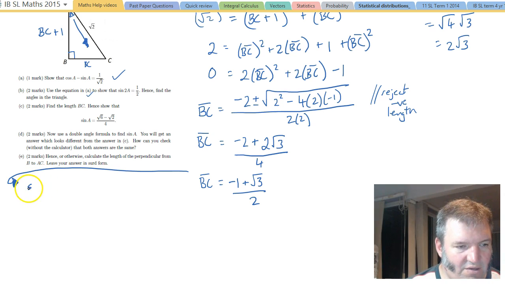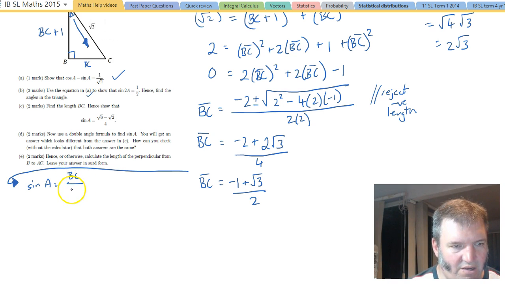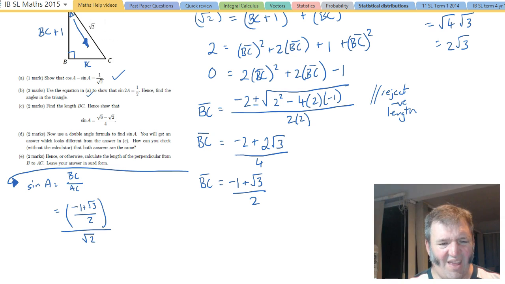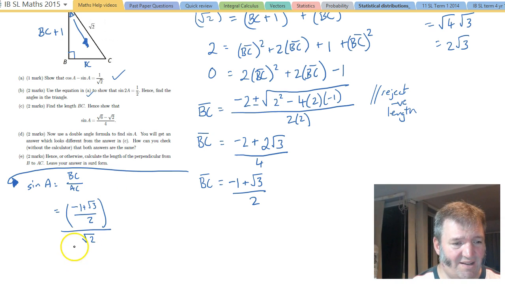Alright, so here we go. The sine of A equals the opposite side, which is BC, divided by the hypotenuse, which is AC. What is that in our terms? We've got negative 1 plus root 3 divided by 2, divided by AC, which is root 2. Dividing by root 2 is ugly.